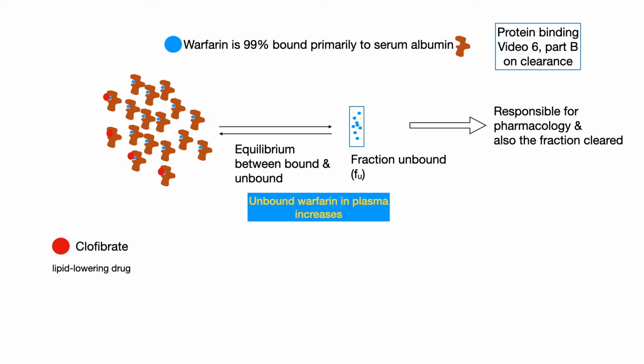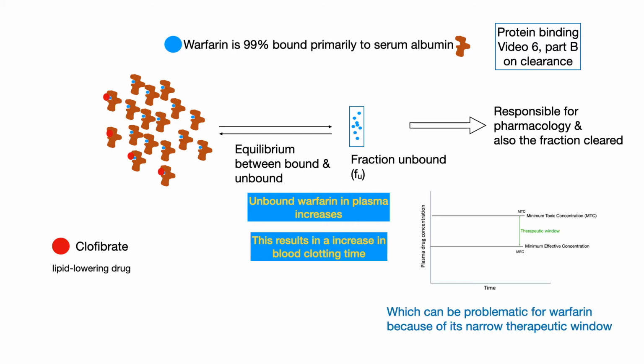And since it's the unbound fraction which is responsible for the pharmacology, that then results in an increase in blood clotting time. With warfarin, that can be important because warfarin has a very narrow therapeutic window, and so the fraction unbound might exceed the minimum toxic concentration. And if you're not sure about therapeutic window, it was covered in video 7 on repeat dosing.